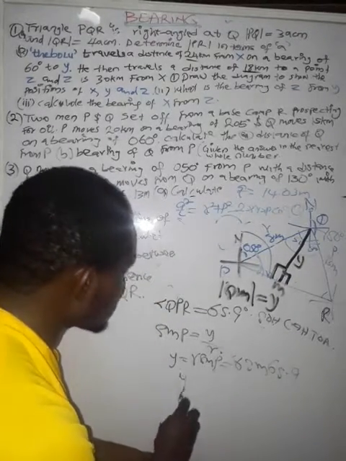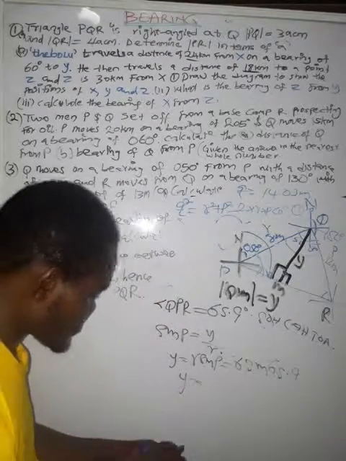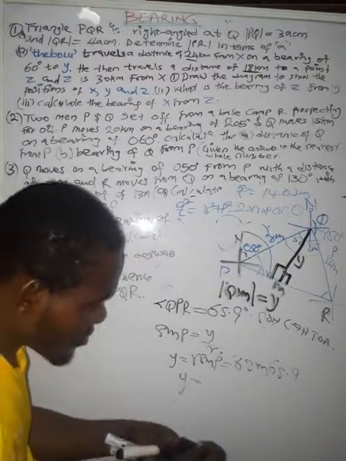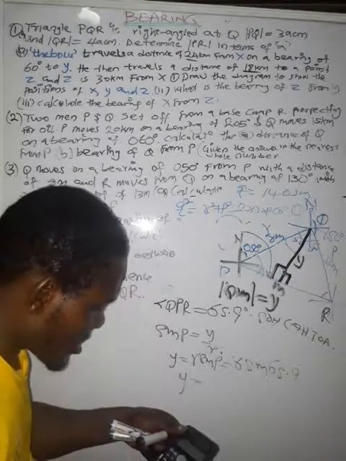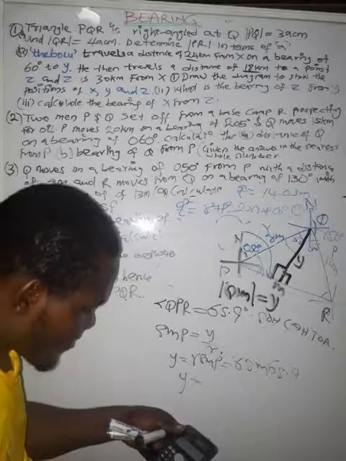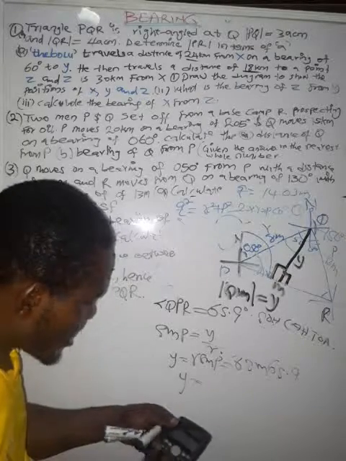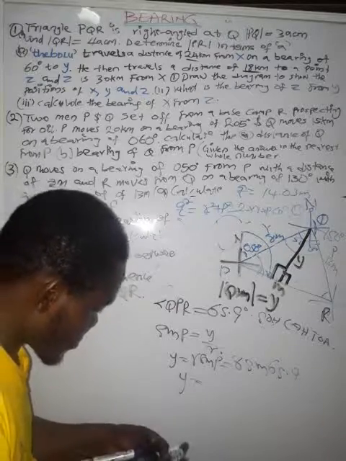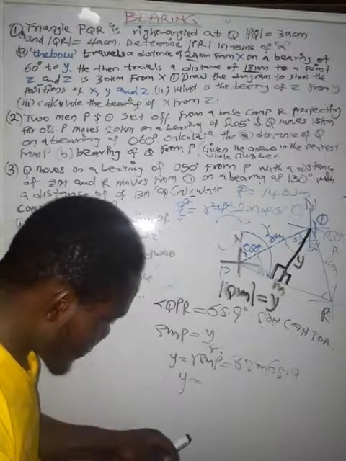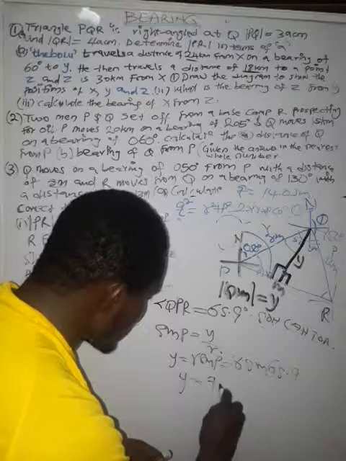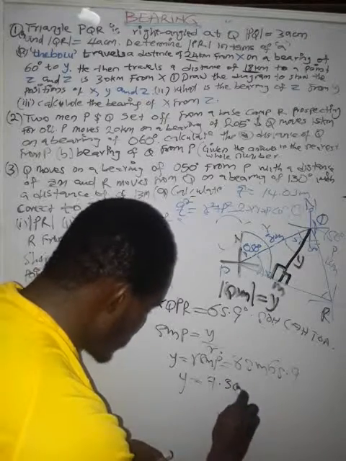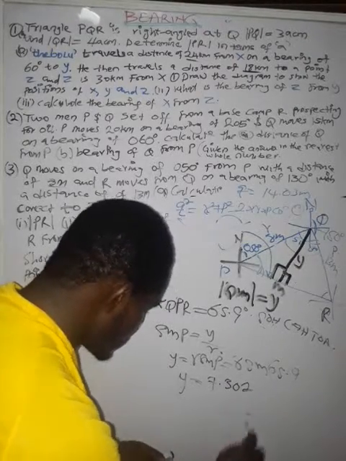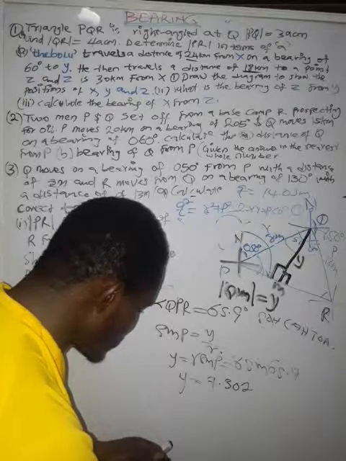So y equals 8 sine 65.9, which is 7.302.